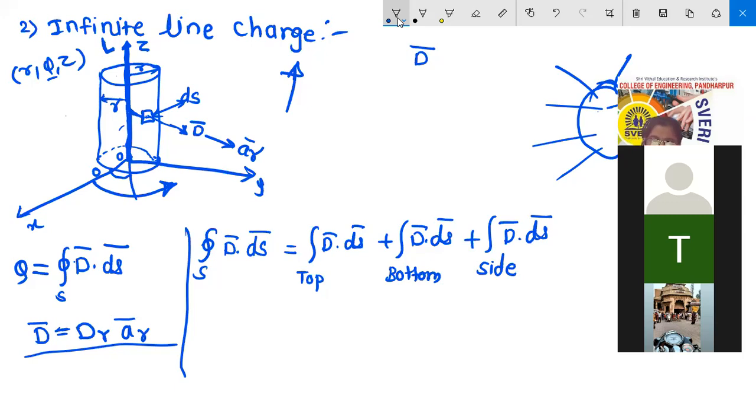Now here we are considering the side surface only, because if you check the component of this D bar, the component is in which direction? In the direction of the top surface, the bottom surface, or the side? D bar, yes anyone? Where is D bar?